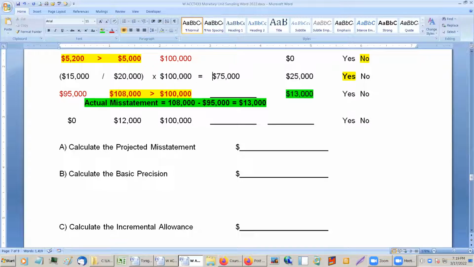We're saying this interval is only worth 100,000, so there's 25,000 more that could be wrong. Notice in this one, there isn't. It covers the entire interval. So while it is a misstatement, it is not going to be in the incremental. It couldn't get any worse. It covers the entire interval.